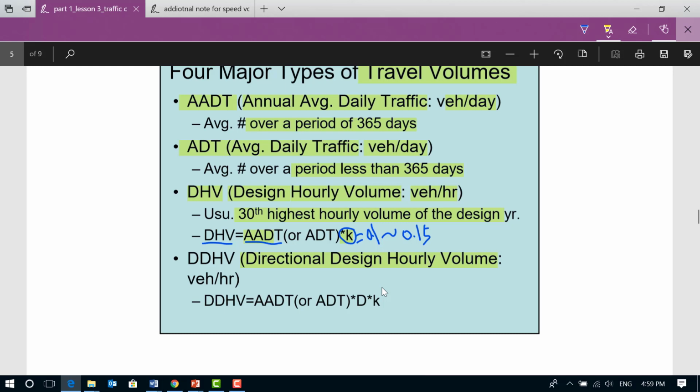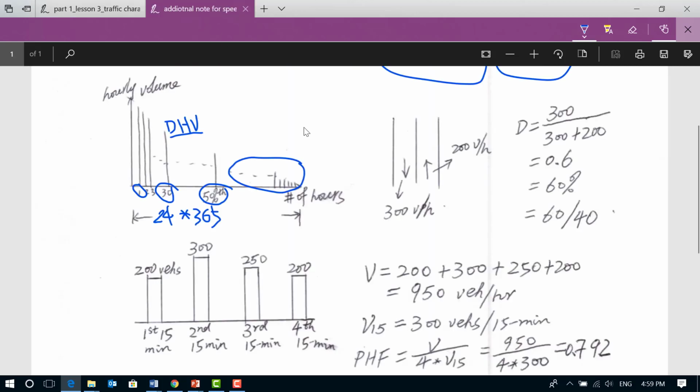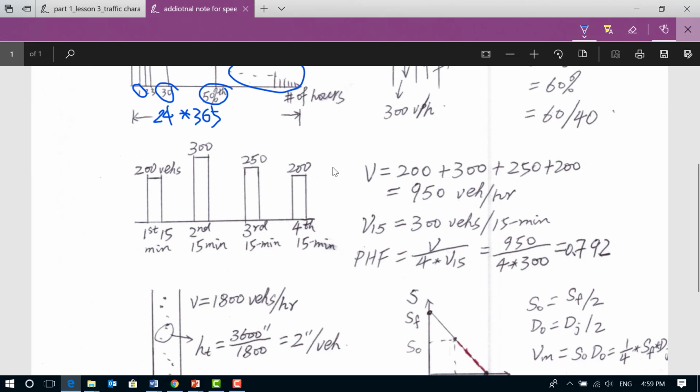In that case, they might need 5 or 6 lanes in the eastbound direction as well. So in addition to the design hourly volume, we also need to consider the directional factor. Okay, so how to calculate the directional factor? Again, let's go to the additional note for the class.